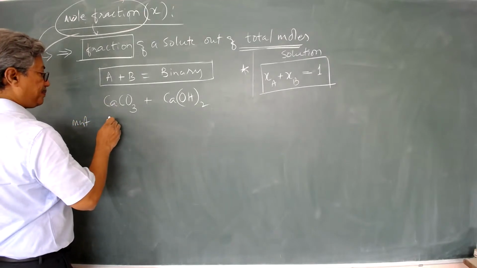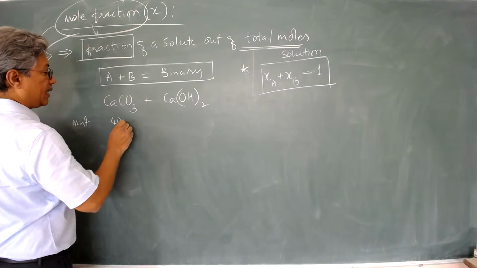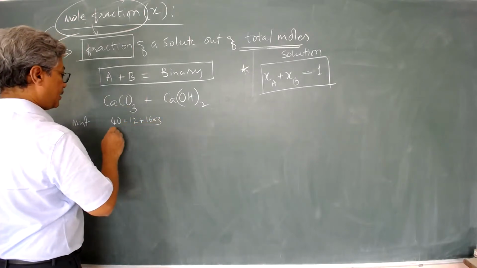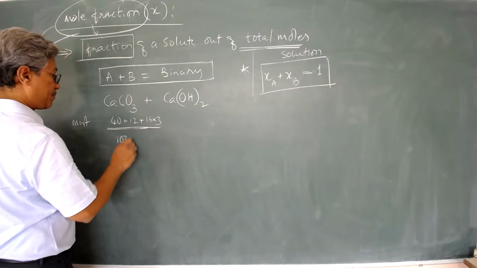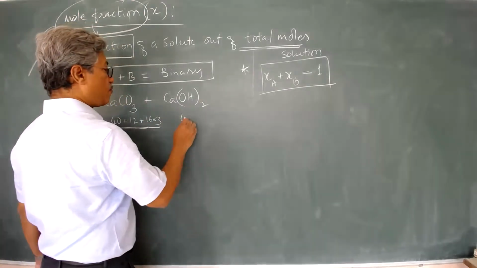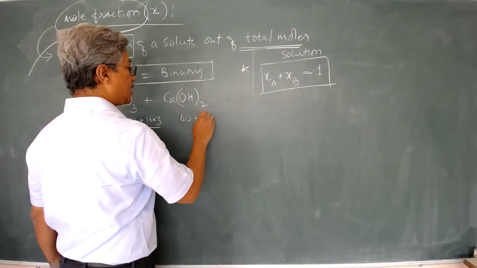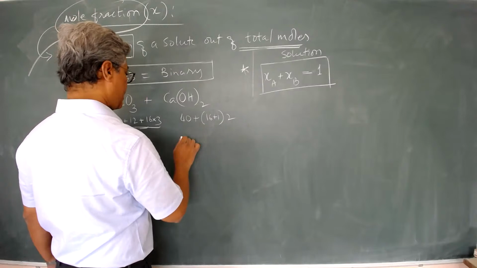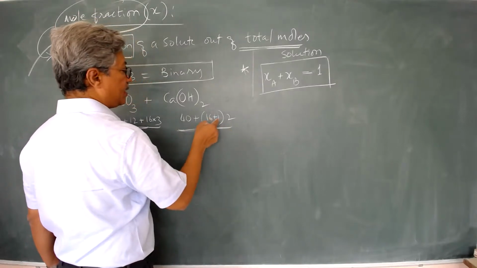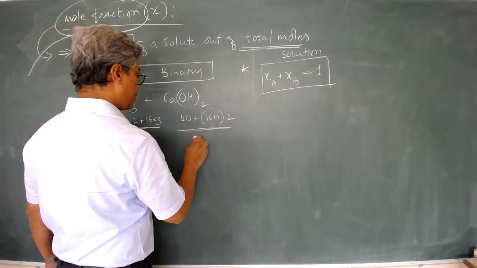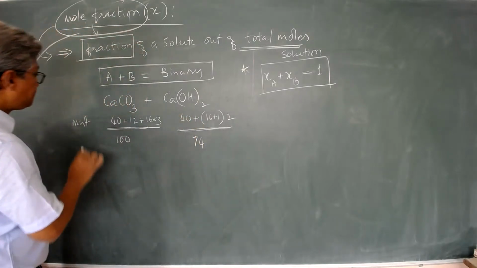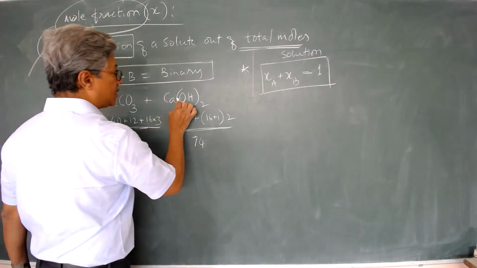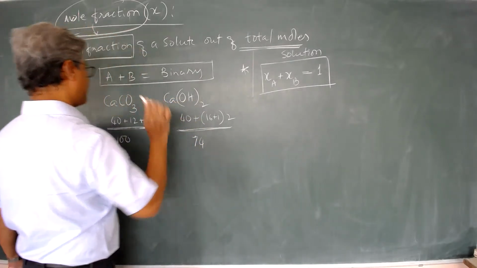Atomic weight of calcium is 40, carbon is 12, oxygen is 16 into 3. This total will be 100. Well, this is 40 plus oxygen 16 plus 1 into 2, which is 17 into 2, total 74. That means the molecular mass of calcium carbonate is 100. Molecular mass of calcium hydroxide is 74.